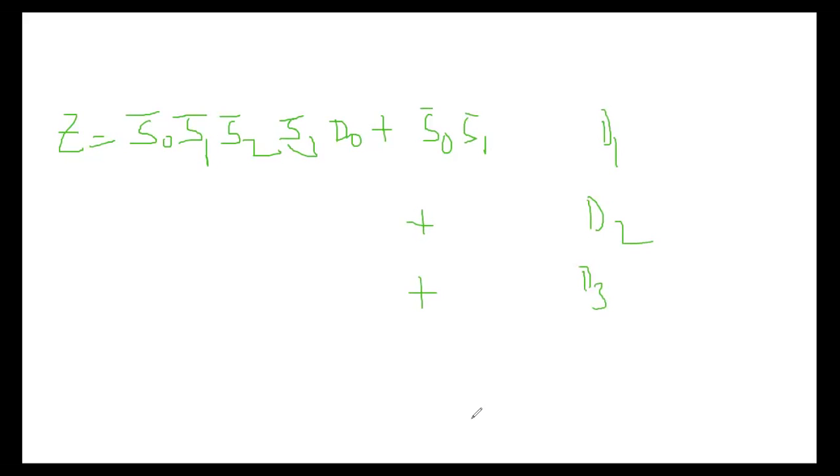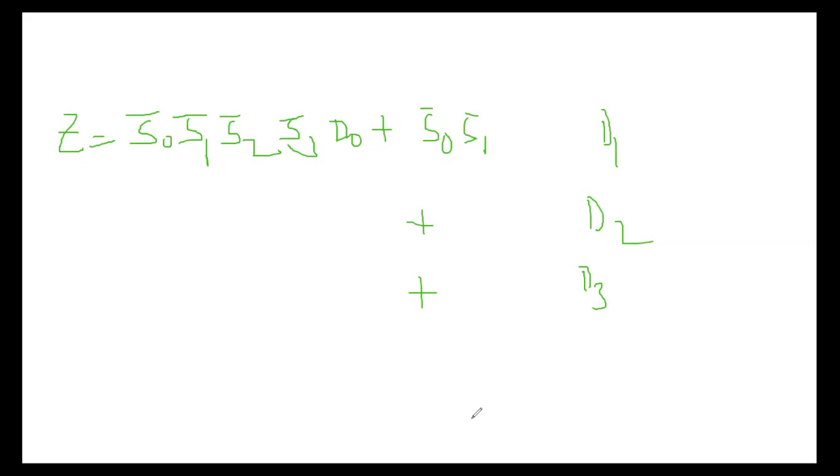Like that, we'll get the 16 terms for the Z. 16 terms means the logical function requires 16 AND gates with 4 inputs, and 1 OR gate combining all the 16. And how many inverters are required? Because 4 selection lines are there, 4 inverters are required.